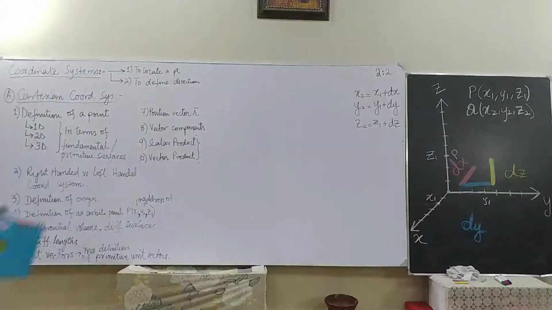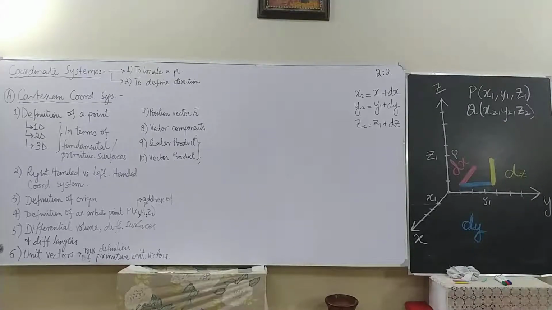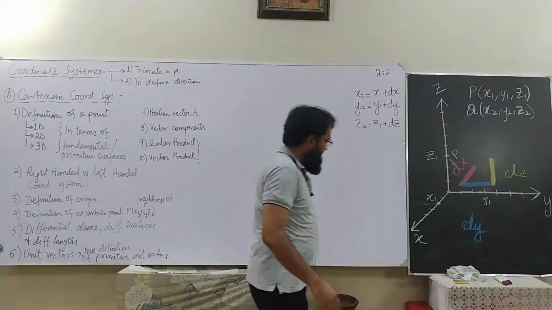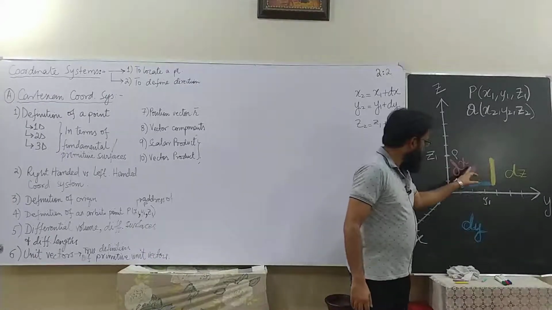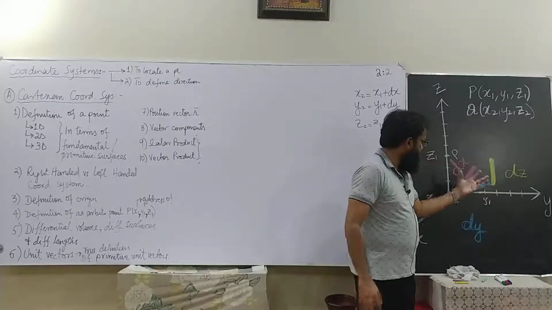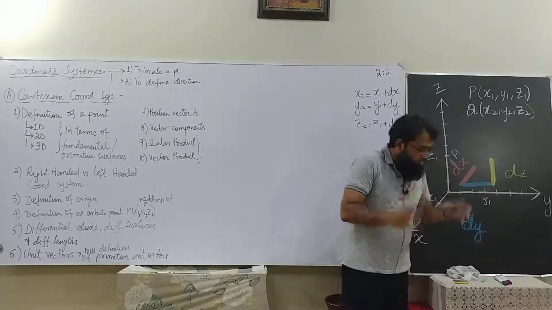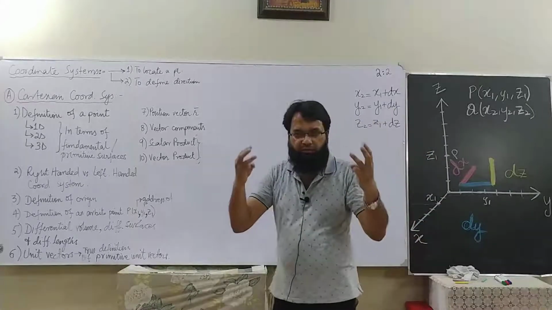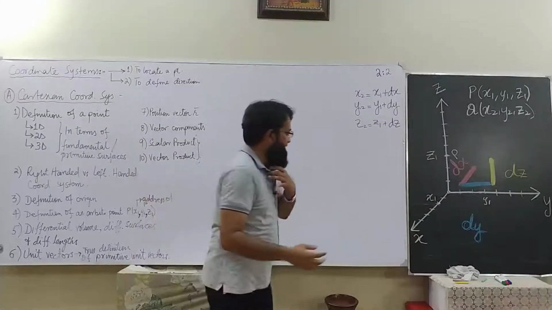And how much is this distance? This distance is dz. Okay, so now these points are actually constituted by 6 different planes.